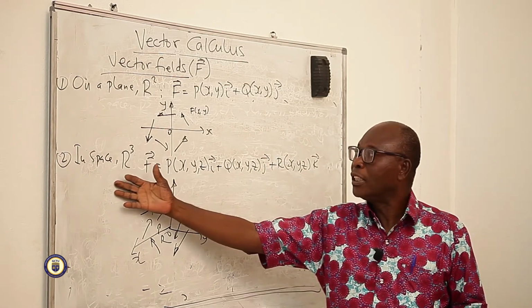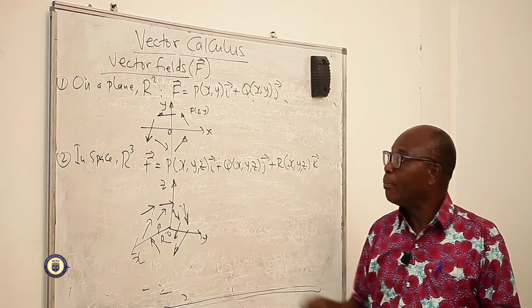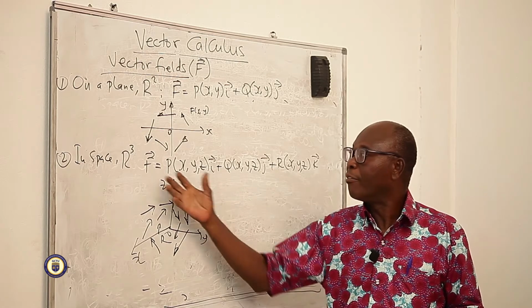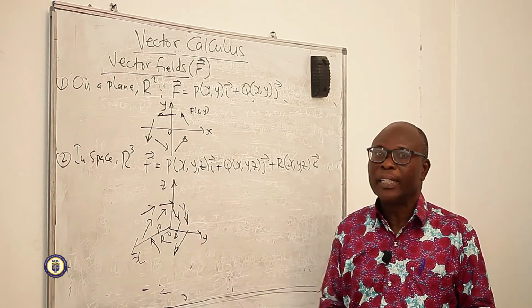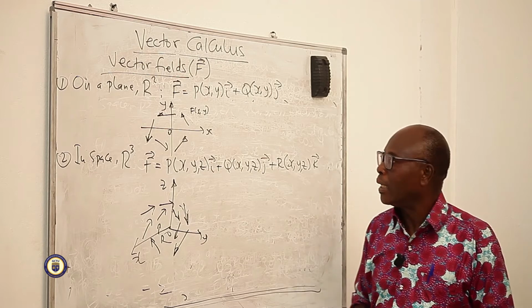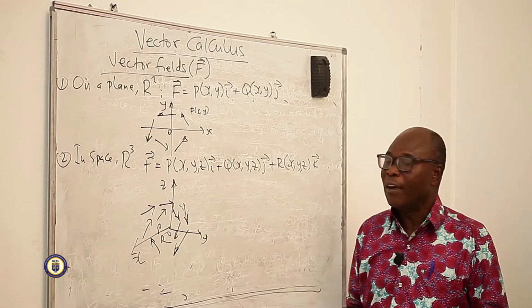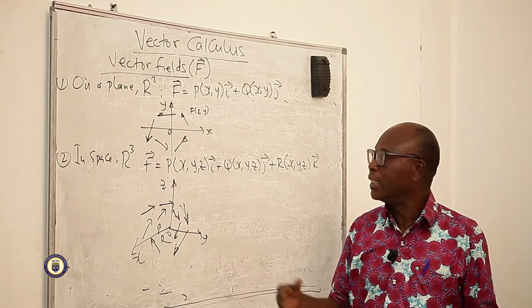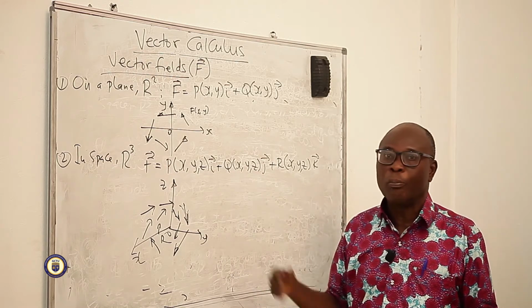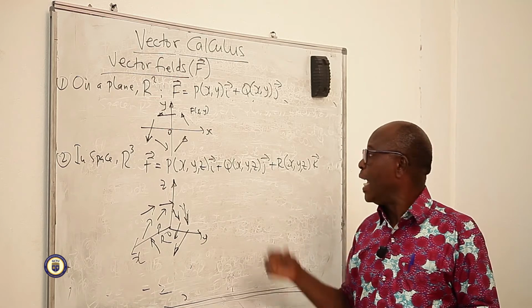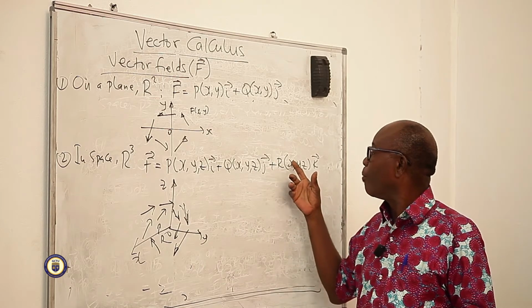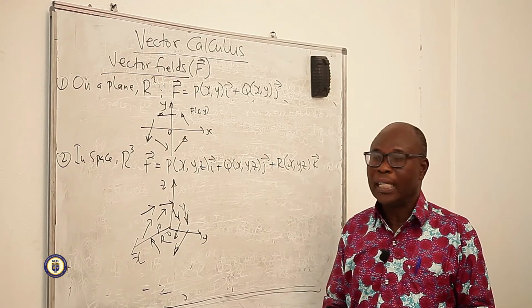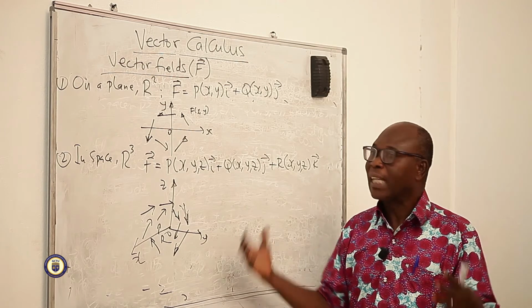Then when we come to space, three dimensions, the vector field is made up of three components. We have P(x,y,z), which operates on the x-axis, Q(x,y,z), which operates on the j-axis, and then R(x,y,z), which operates on the k-axis.